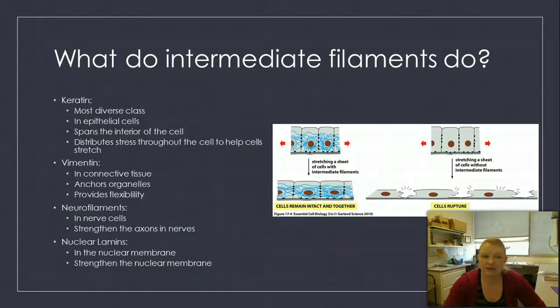In neurofilaments, we see these intermediate filaments serving as a way to strengthen the axon of the nerves so that they aren't damaged as easily. And then lastly, we have our nuclear lamins, which are in the nuclear membrane, and they help strengthen the nuclear membrane. This reinforces it to make sure that the nuclear membrane is nice and strong and doesn't break apart very easily.